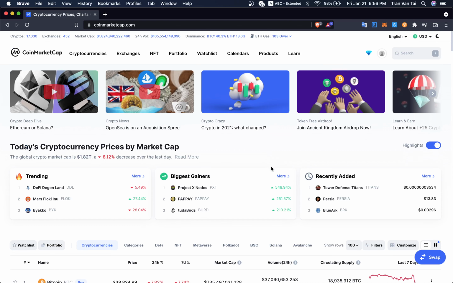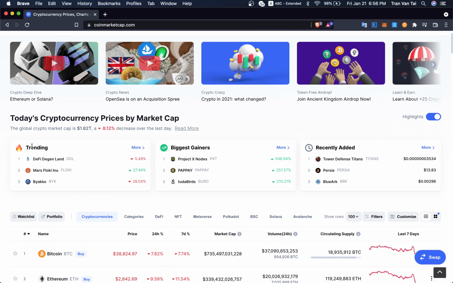this is the main page of CoinMarketCap. You see it lists all of the trending tokens here. So DeFi, Digital Mar, Lucky, BRCO, and big winners here, backed by Rogers, External, which is difficult to pronounce.